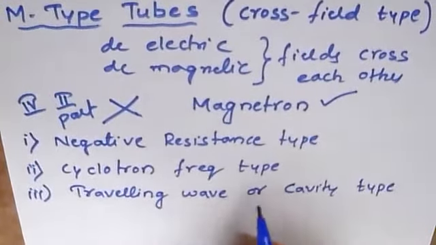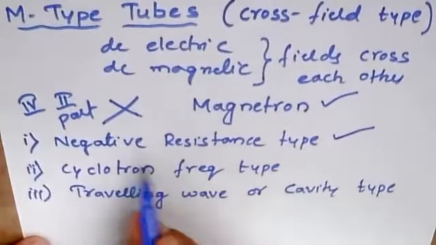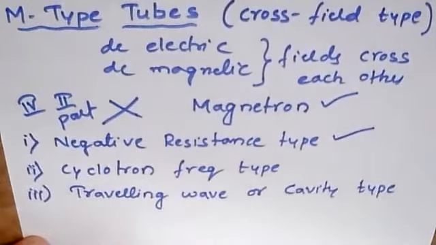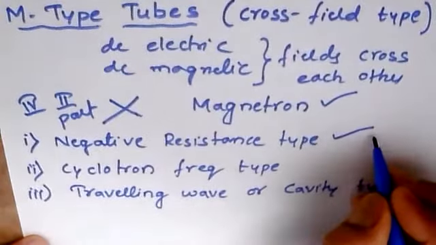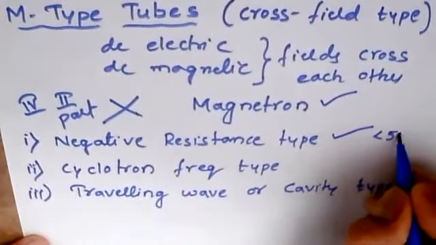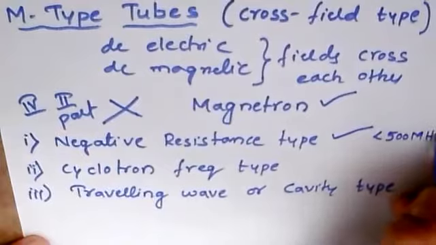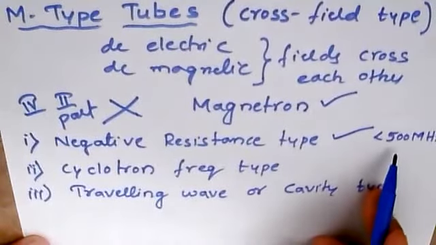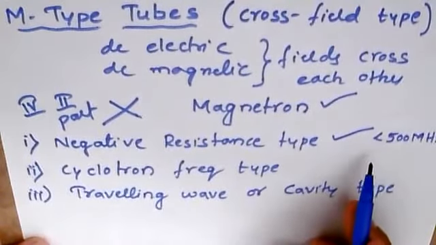The first one operates based upon the negative resistance property, and it is used at lower frequencies, that is, less than 500 megahertz. It is preferred where the frequency is less than 500 megahertz.